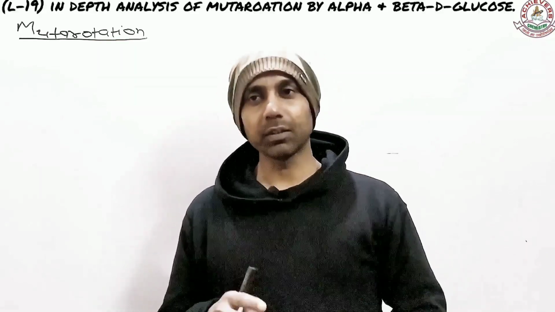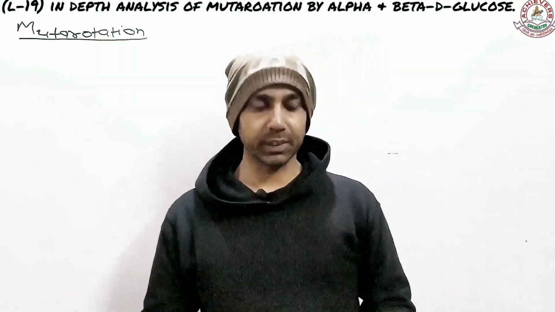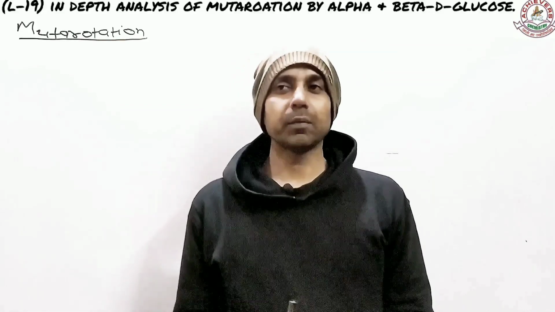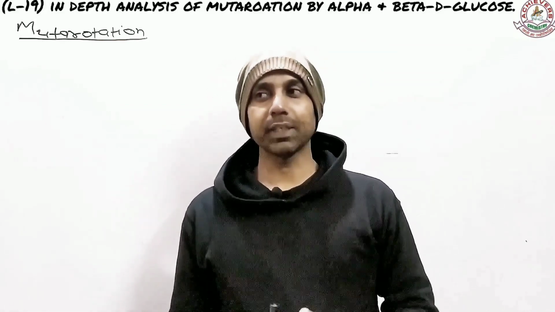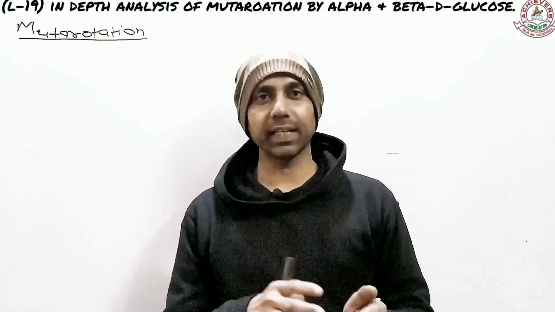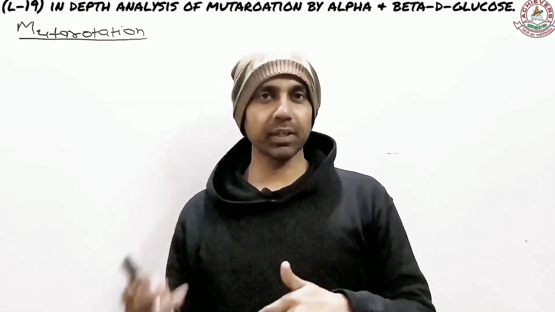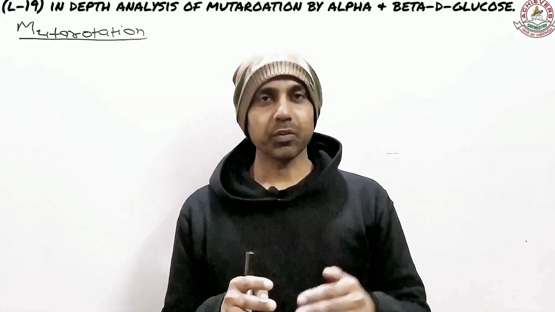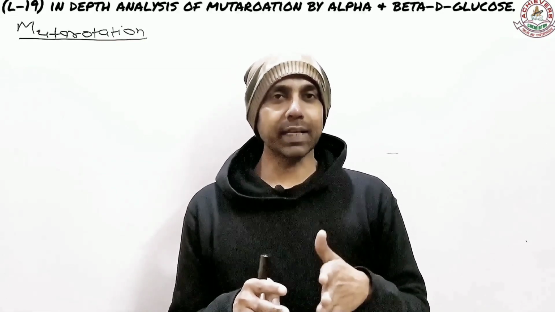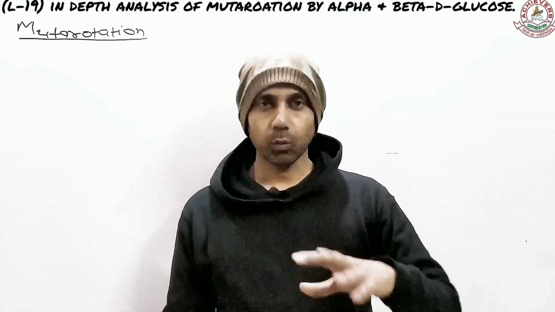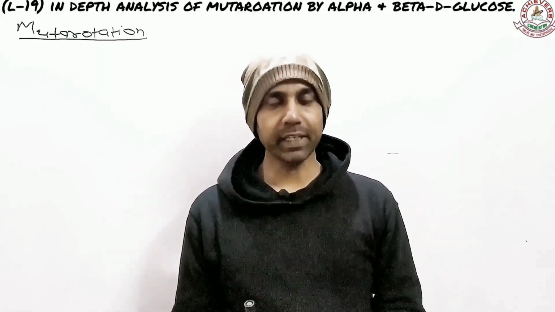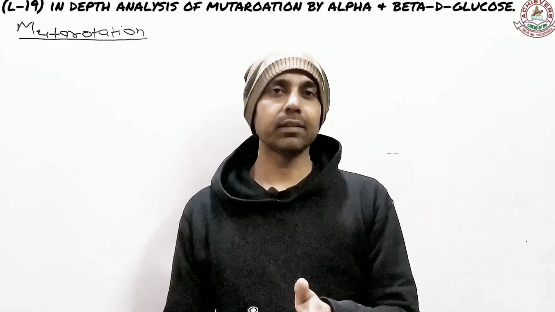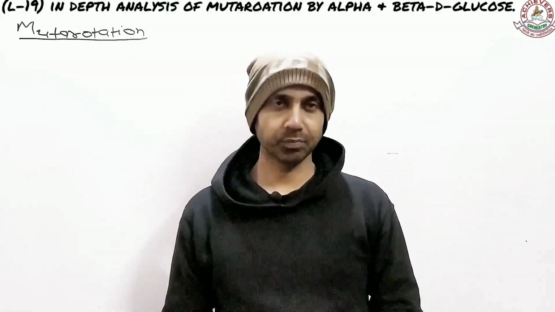Let me introduce the definition here. I have already told you about plane polarized light. What is plane polarized light? It is the light which travels in only one direction. An ordinary light travels in all directions, but plane polarized light travels in only one direction.